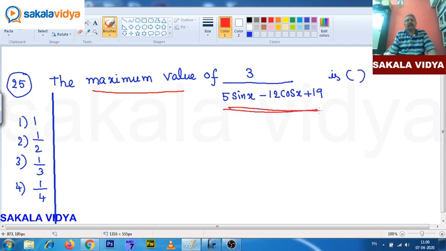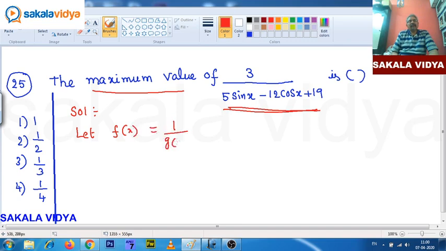In order to find this, first of all some concepts are to be recalled. We need to emphasize the concepts, after that this problem can be solved. For example, let us say f of x is equal to 1 by g of x.